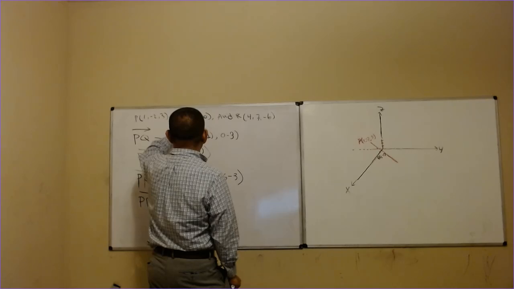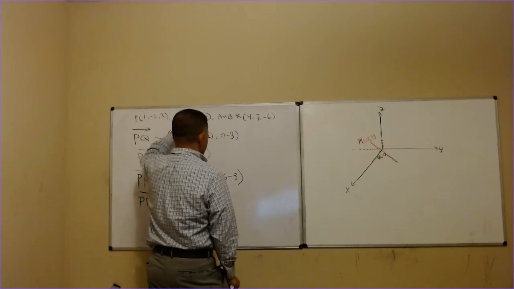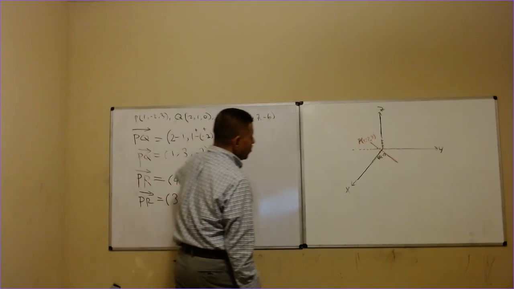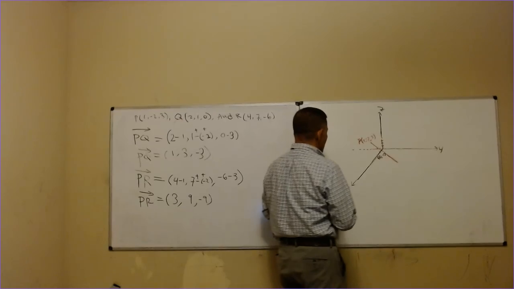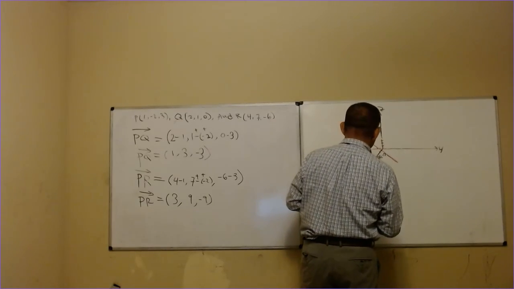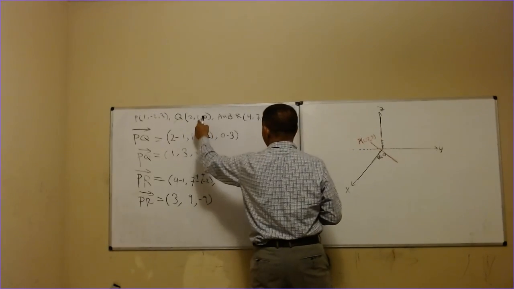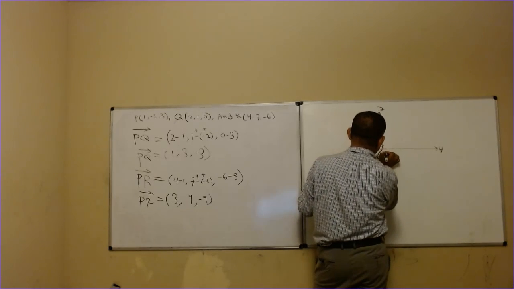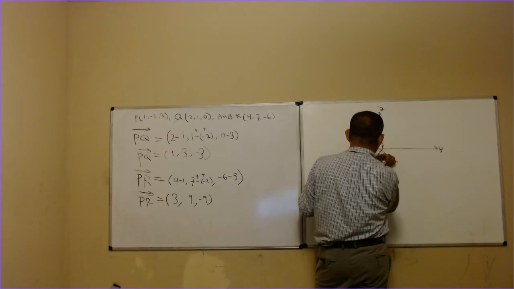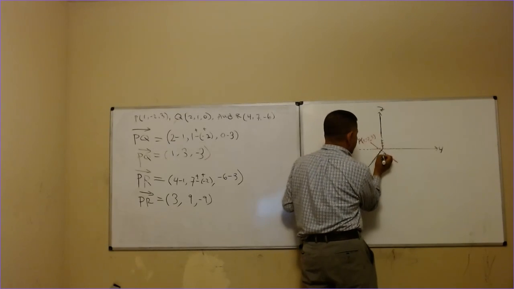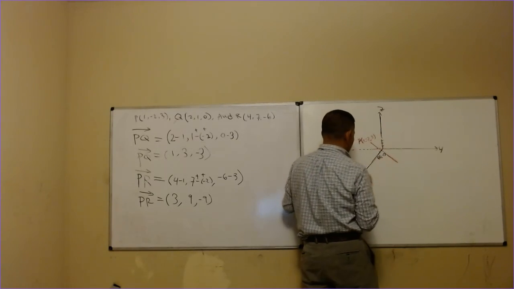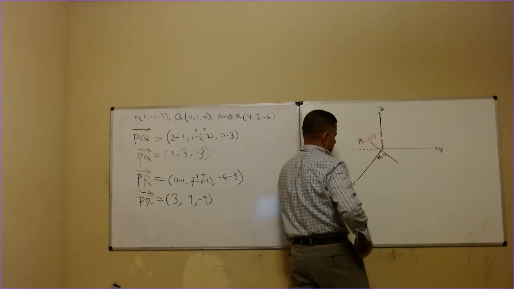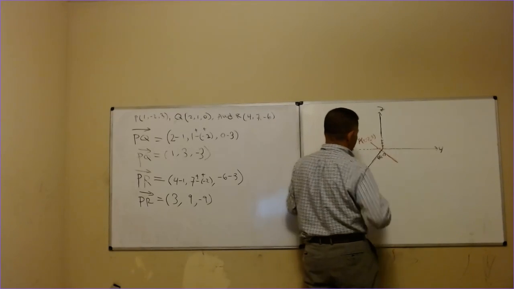X is equal to 2. I go to Y. Y is equal to what? 1. But where is Y? Y, 1, positive is here. So from 2, I go to Y. And I wish I had more space to work with.